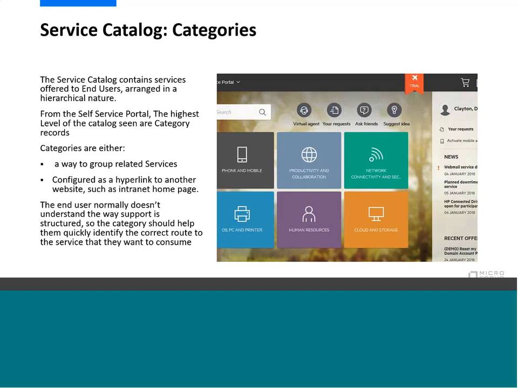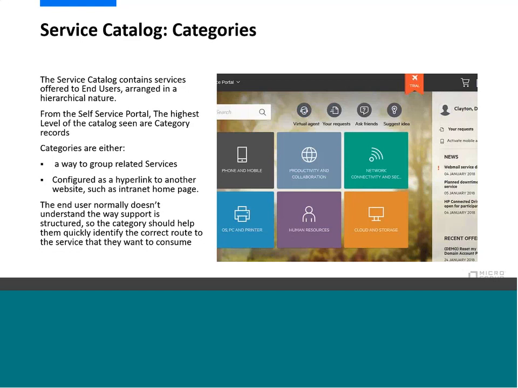But that's obviously just one component of the Service Catalog. So at that highest level, a lot of what users see when they first reach the service portal are the categories. Those are the big squares, with the current design of our portal, that a user sees in a multitude of colours and different text and images.